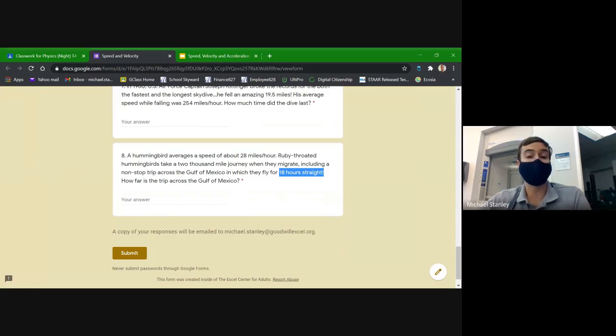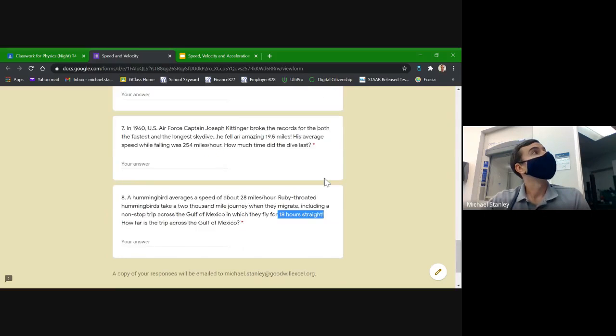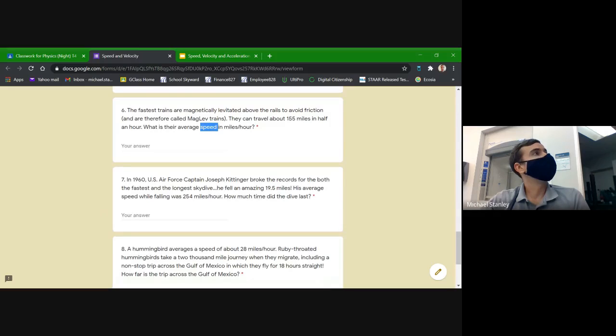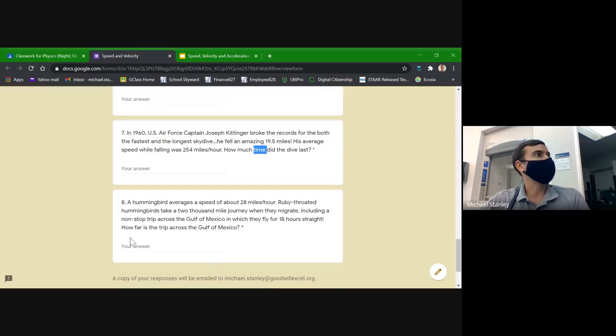But regardless, this is one where it wants you to calculate the distance of this journey based on their average speed and the amount of time that they spend flying. So these last three questions all have to do with manipulating that speed equation in order to calculate either speed, time, or distance.